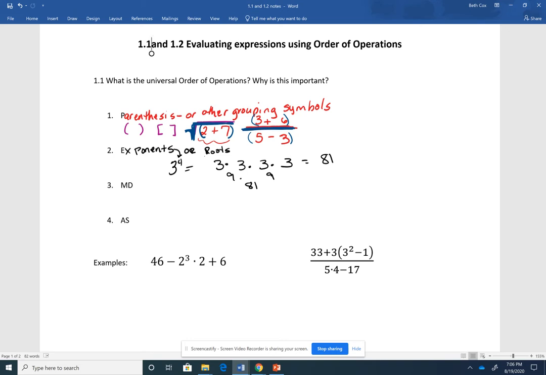Okay, so now here's where it gets tricky. The MD. This is multiply or divide, left to right. And this is where we have issues. And the AS is add or subtract, left to right, which means if the division comes first, you do it first.